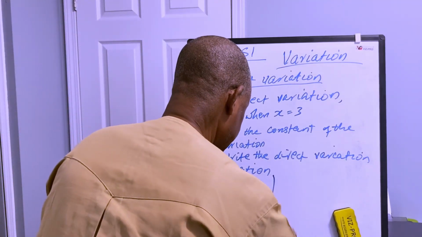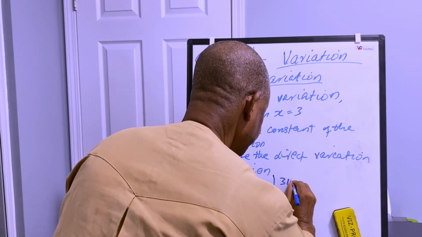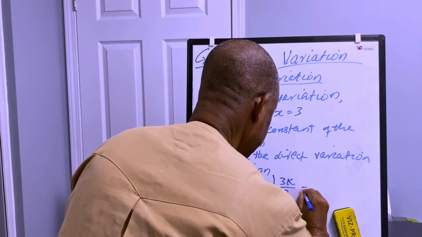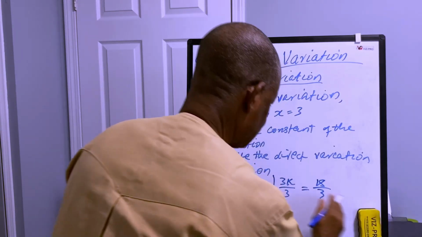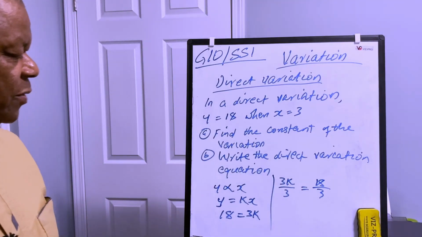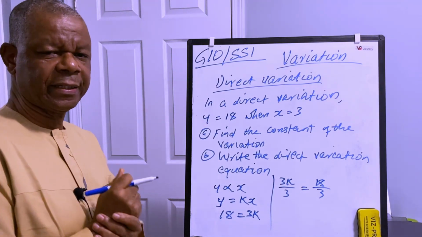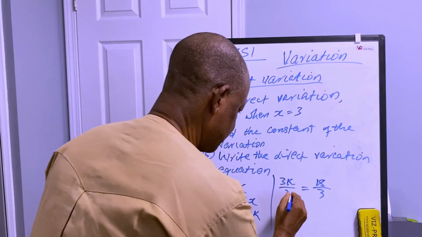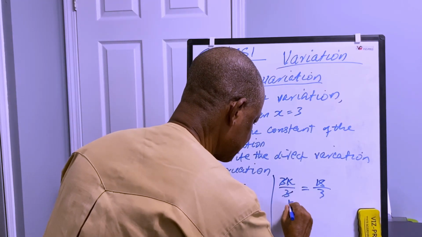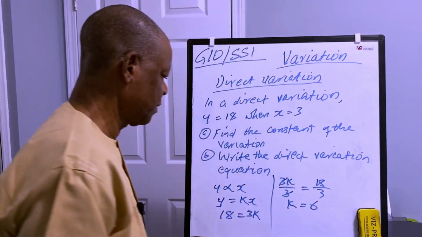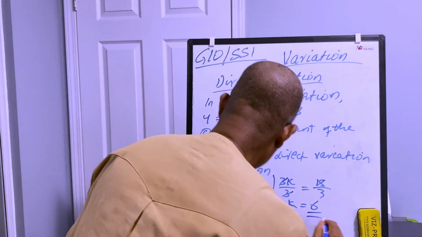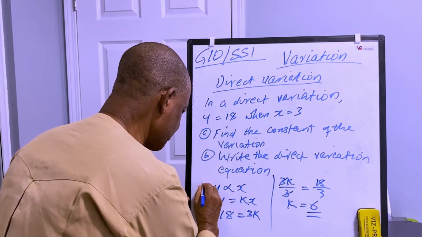We now say 3k divided by 3 is equal to 18 divided by 3. What you do to the left, you do the same to the right. We want to single out k and find a value. So the 3 cancels 3, that is k equals 18 divided by 3, which is 6. We have found the constant, and that is the answer to question A.